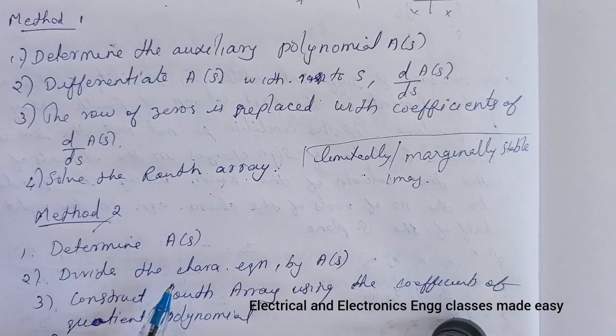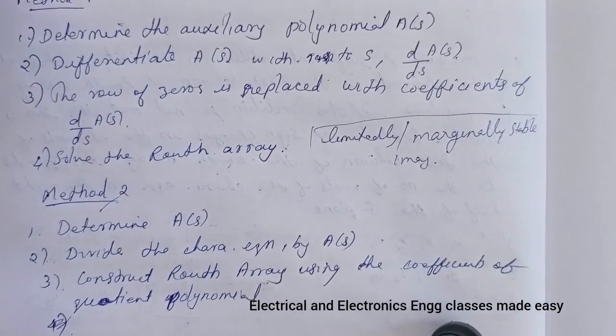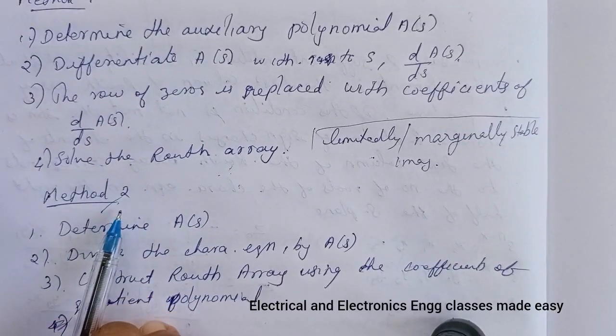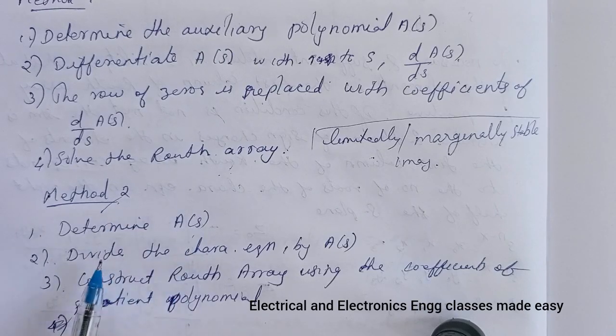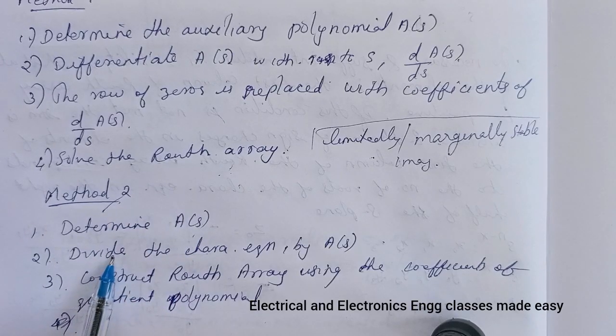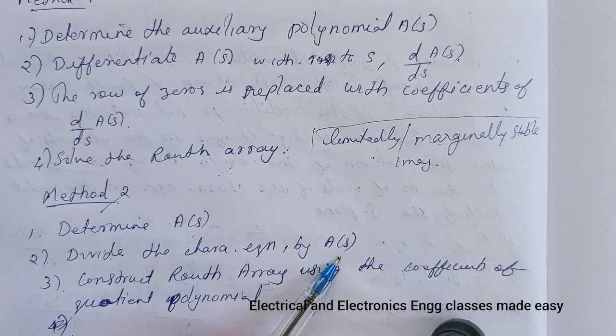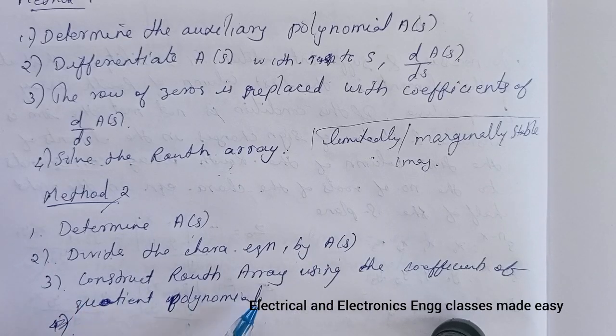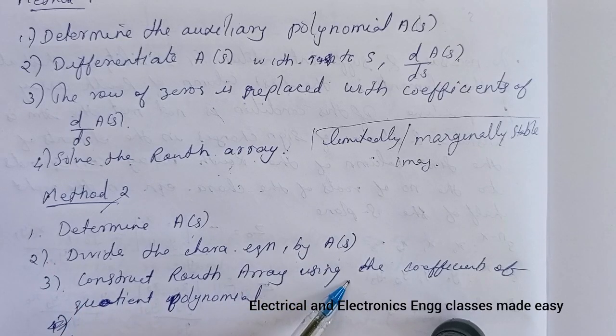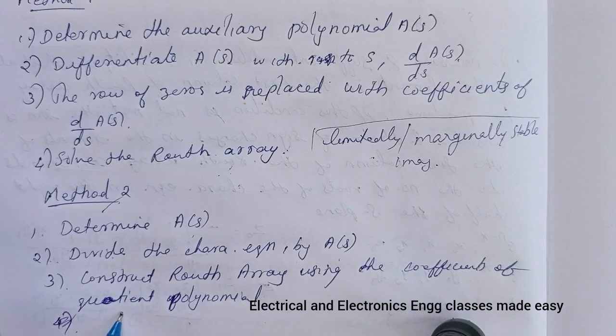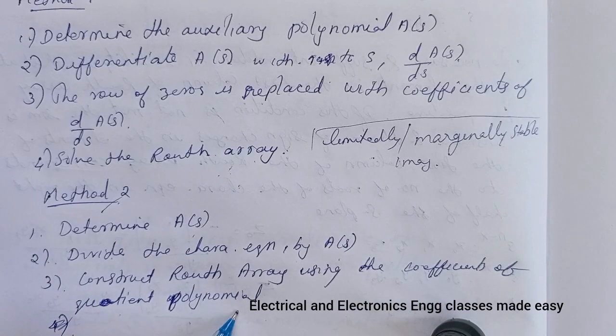In the second method, determine the auxiliary polynomial A of s, then divide the characteristic equation by the auxiliary polynomial A of s, then construct the Routh array using the coefficients of the quotient polynomial.